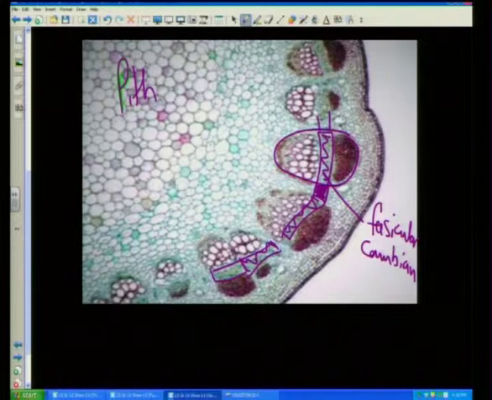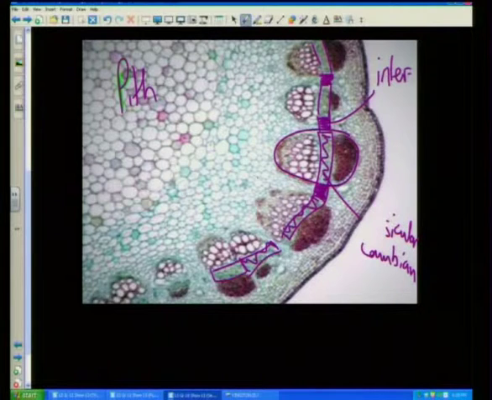There's another one there. That there is your interfascicular, this should be an F, sorry, fascicular, and this is your interfascicular cambium. Okay, it's between the fascicular cambium.